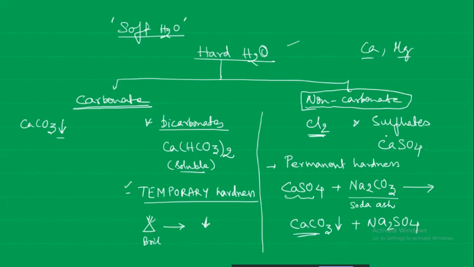Okay. If both of these are there, that is bicarbonates are also there, chlorides, sulfates, all are there, then generally people will use the zeolites. Zeolites are ion exchange resins. Okay, ion exchange resins. So mostly what we are using in the RO filter at home is the ion exchange resin that will be there in that one. Okay. So what it will do, whatever the opposite charge is there, for example, calcium Ca2+, magnesium Mg2+.